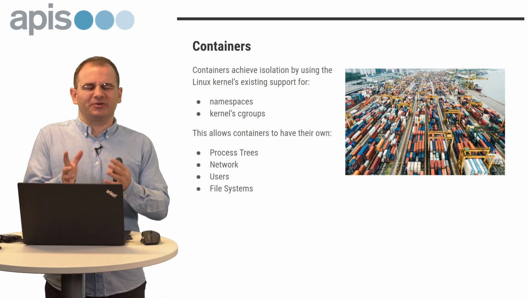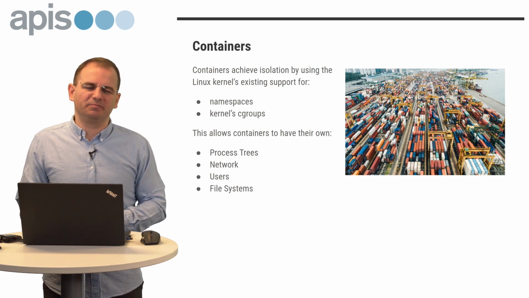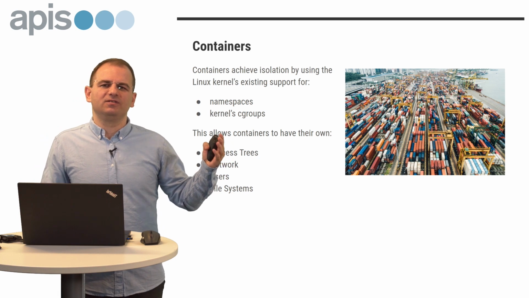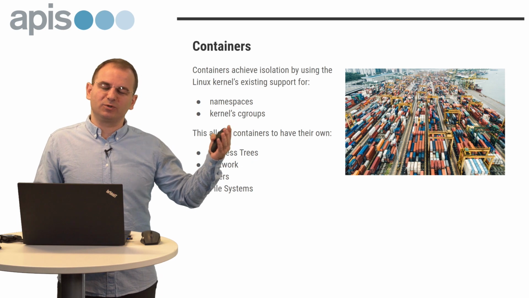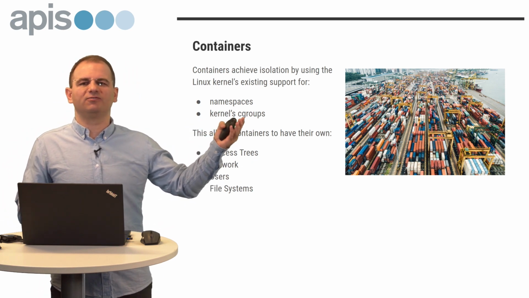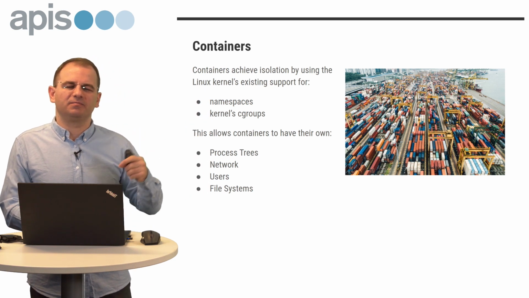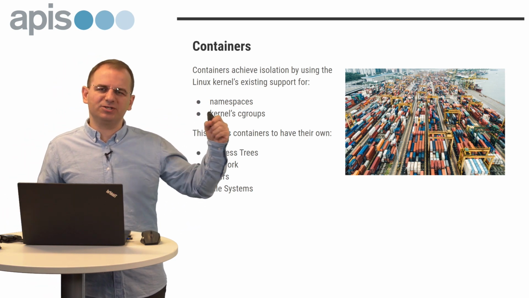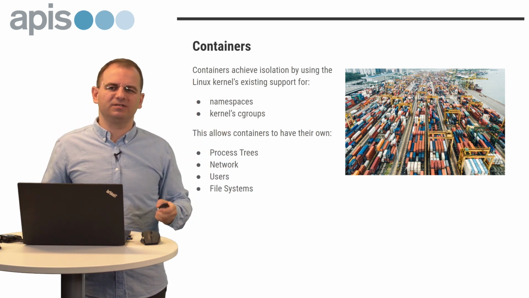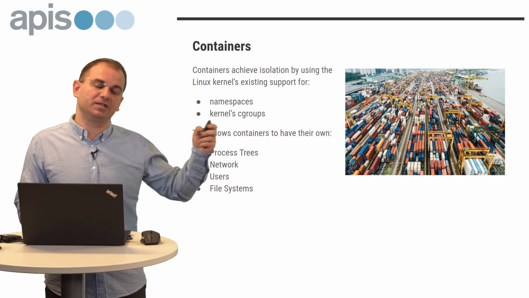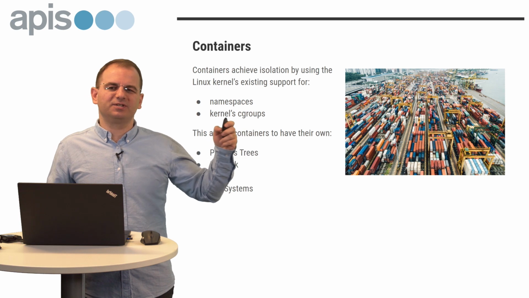Containers, Docker did not create containers. Containers were there before Docker even appeared. I mean, the technology for containers was there in the Linux kernel even before Docker was invented. This is highly technical, but the separation and the isolation can be done on the kernel level, and this is just for Linux, at the beginning at least, with these two technologies in the kernel.